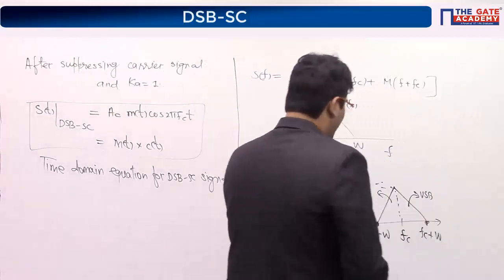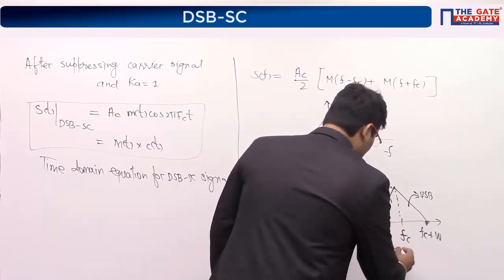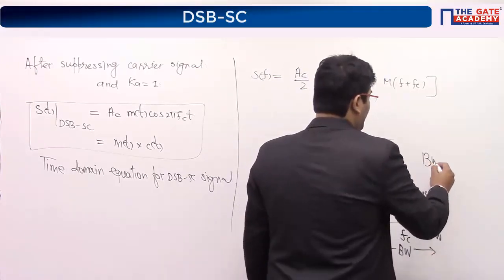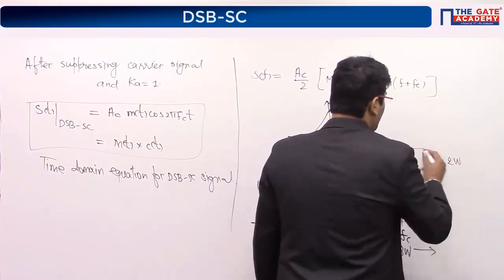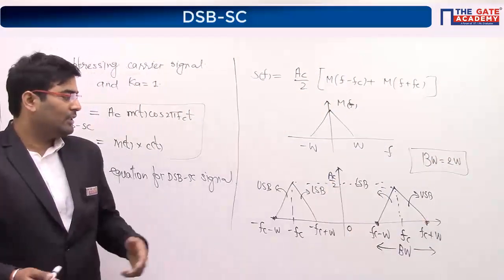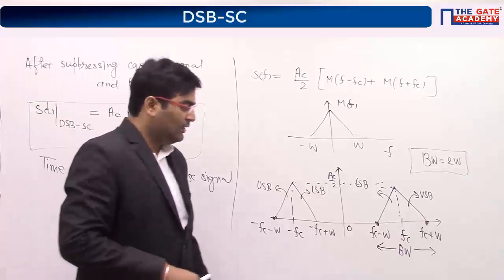Now bandwidth. Bandwidth is the same as AM, as I said. It is twice W, or 2 times the highest frequency part of the message. So bandwidth has not changed a bit.